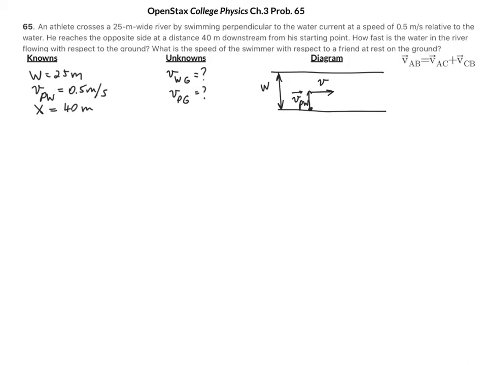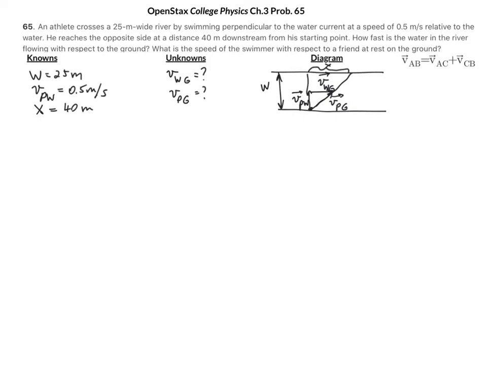So that is the velocity of the water relative to the ground, and that means that the swimmer will go in this direction. So this is velocity of the person relative to the ground, and will end up a distance of 40 meters downstream. So that is my 40 meters there.